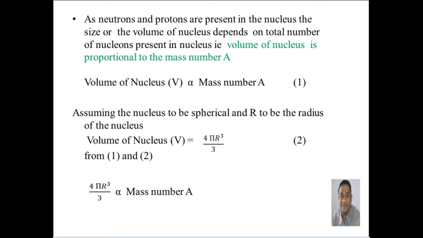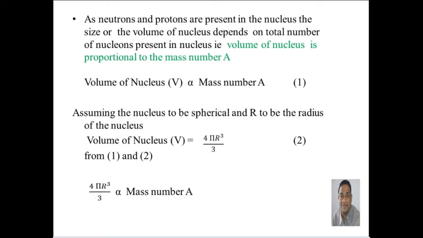Now if we assume that the nucleus is nearly spherical in shape and capital R is its radius, we all know that the volume of a sphere is given by V is equal to 4 by 3 pi R cube. So equation 2, if nucleus is assumed to be spherical, will give the volume of a spherical nucleus.